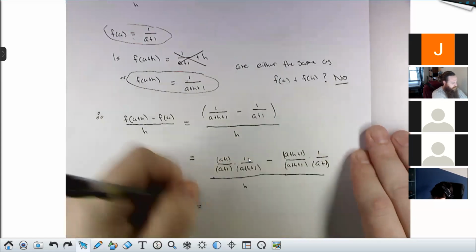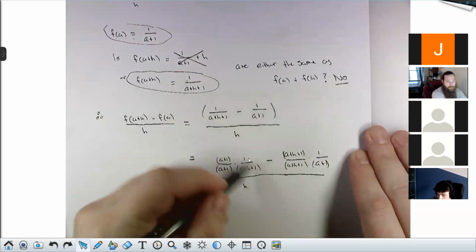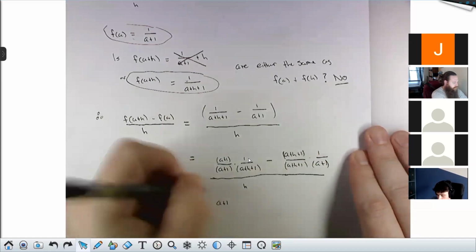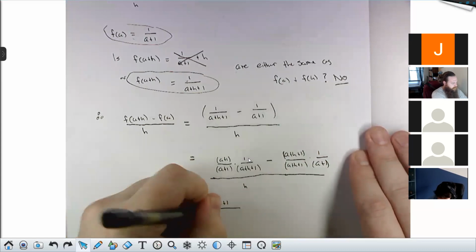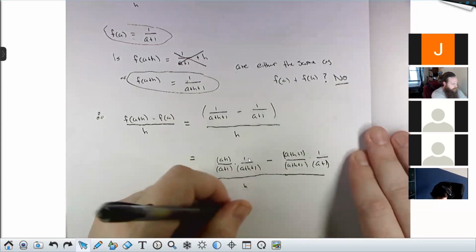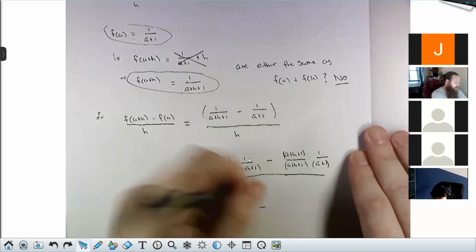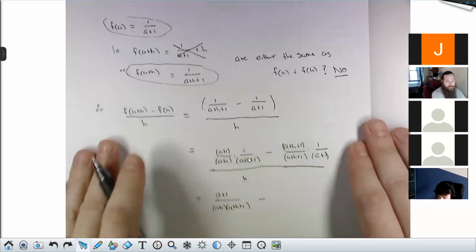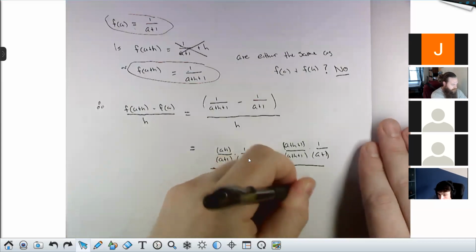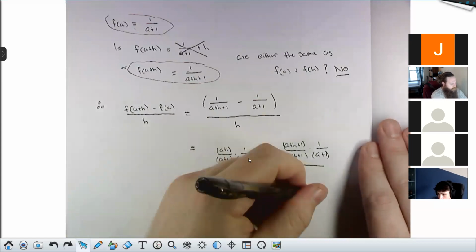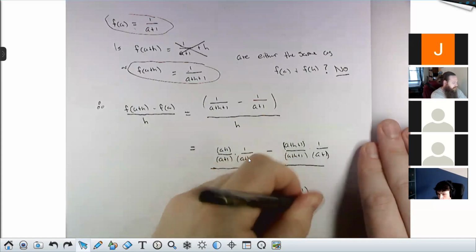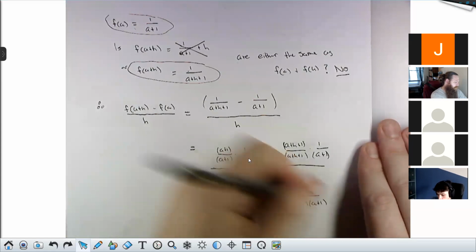So if you multiply these fractions here, you'll have a plus 1 over a plus 1 times a plus h plus 1. And then this minus is this minus. Here we'll have a plus h plus 1 divided by a plus h plus 1 times a plus 1.